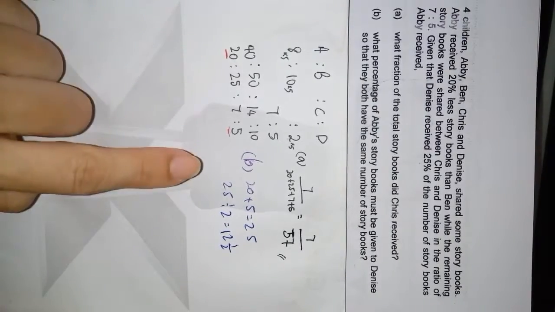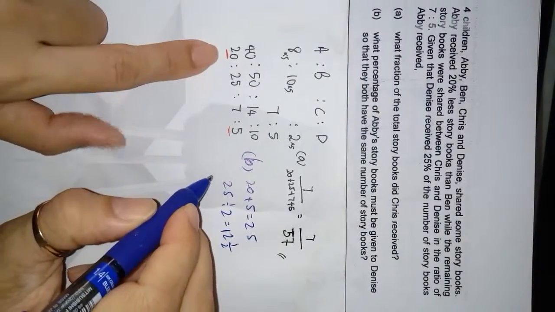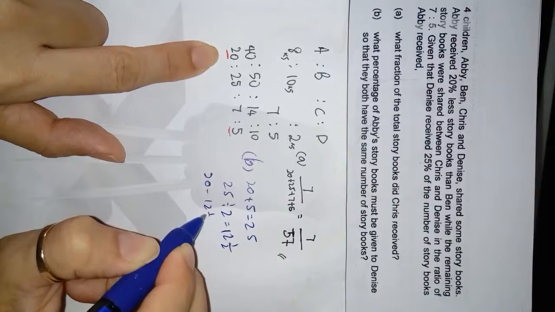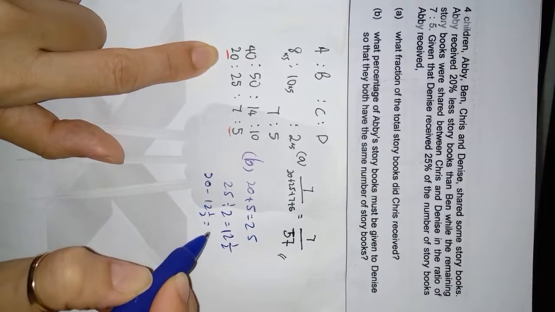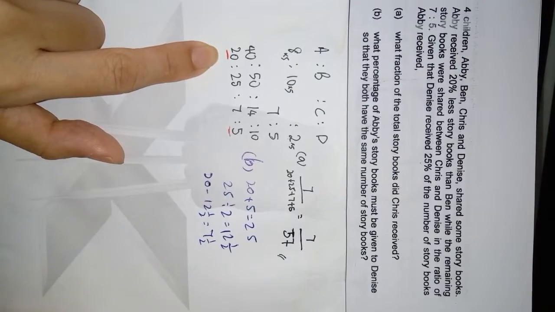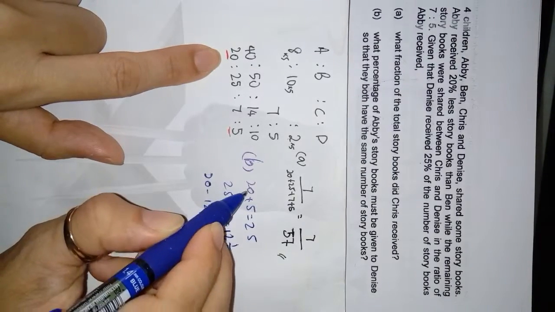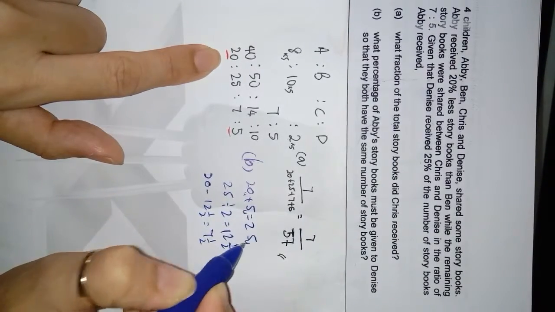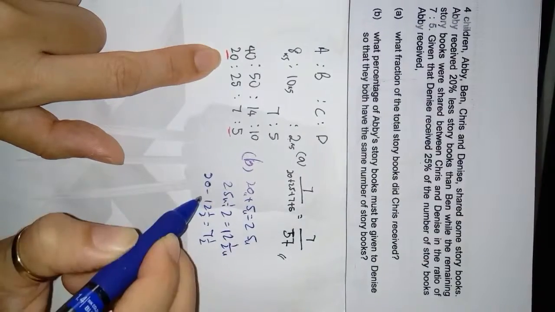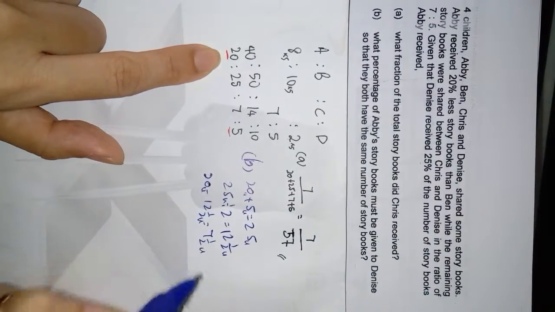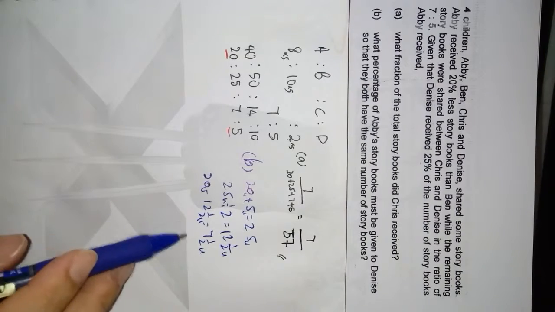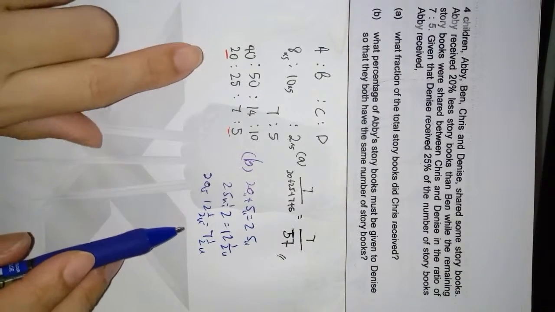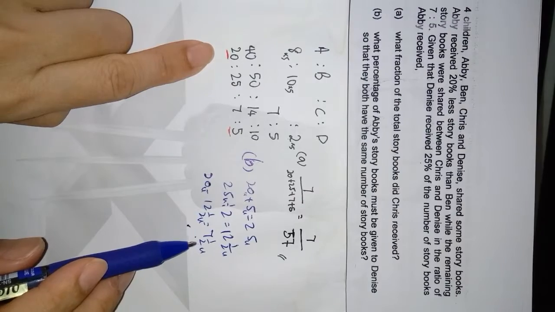So that means Abby must give 7.5 units. Sorry, I missed out the unit. Put the unit, okay, because they mean nothing. They're not really the actual number of books, so it can be a half. So he needs to give 7.5.